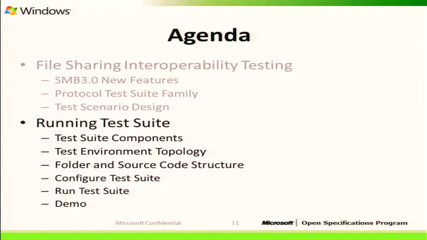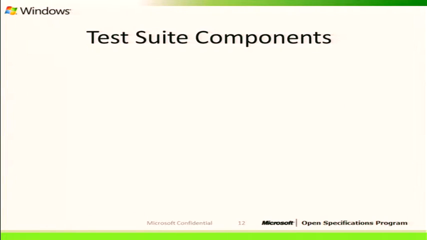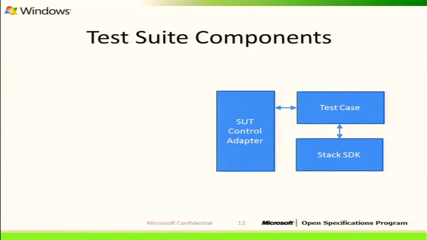Okay, let's move on. For our test suites, we have 3 components: the actual test case, the stack SDK, and the SUT control adapter, which could talk to the actual SUT server to change the state or retrieve the state.